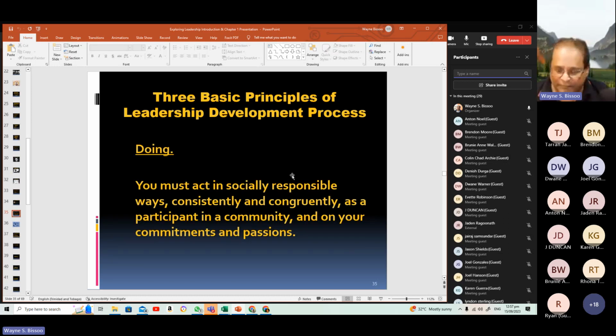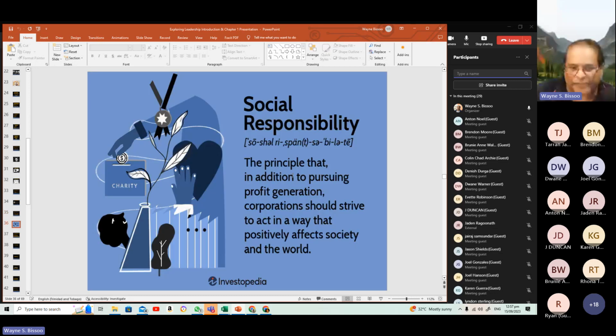The third part of the principle is the doing part. You must act in a socially responsible manner, consistently and congruently, as a participant in your community and on your commitments and passions. What we mean by socially responsible is that whatever we do, we have to keep in mind the impact that our actions have on the society and community around us.